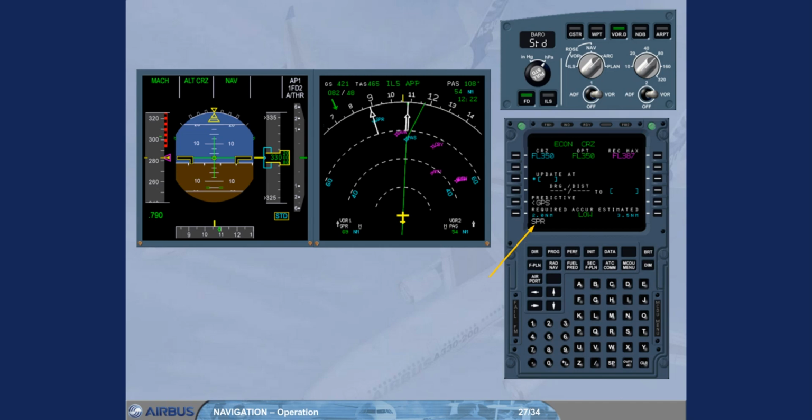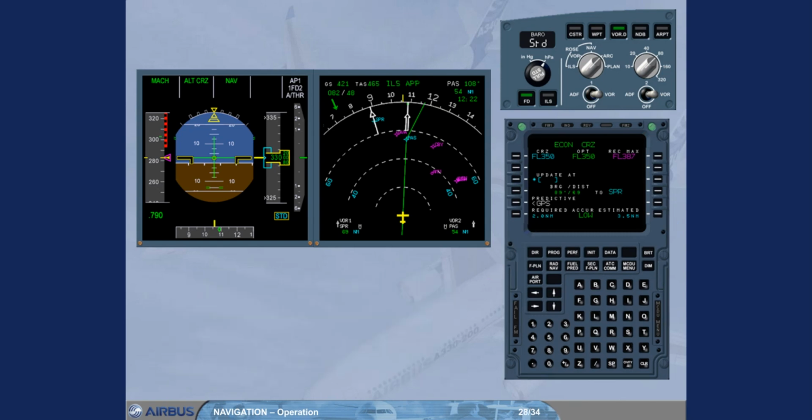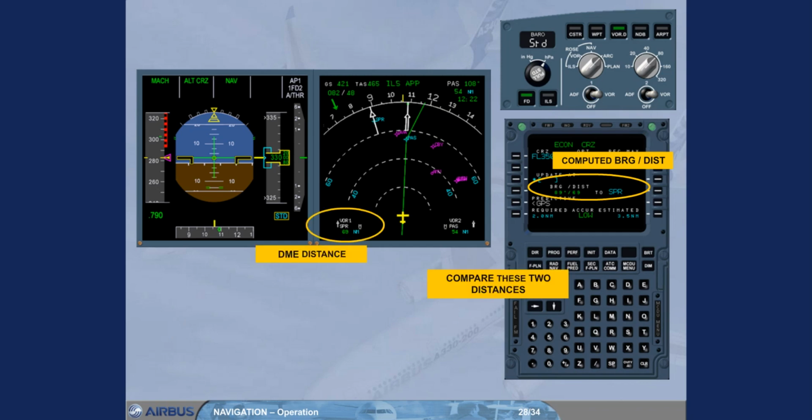We will insert it in bearing and distance by pressing the LSK4R. We now have on the progress page the computed bearing and distance to the selected nav aid. The distances shown on the ND and on the progress page can be compared.